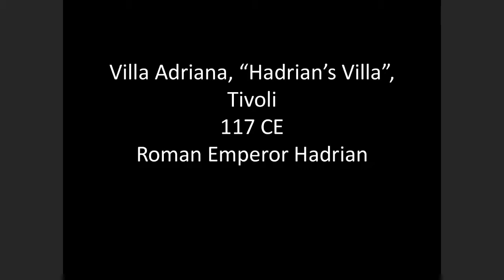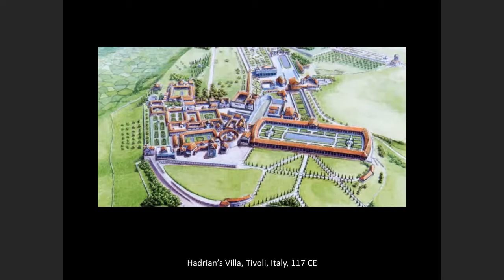This is the Roman villa that the Emperor Hadrian built in the 2nd century CE outside of Tivoli, which is just outside of Rome. And so the ruins of that remained, and the Renaissance architects and designers were looking at this as their inspiration. And it was this vast, sprawling complex.